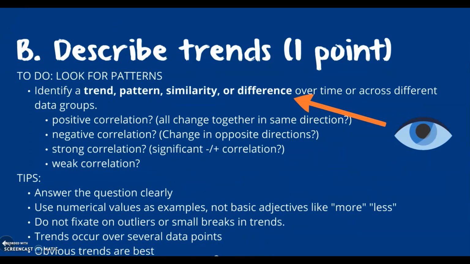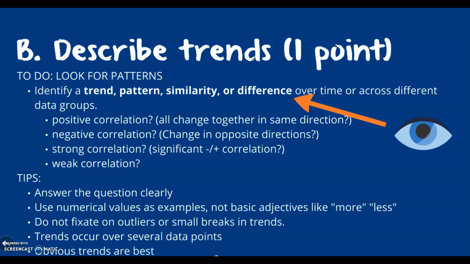All right, so then we get to the B point, describing trends, patterns, similarity, or difference. So these are not all the same thing. They're going to pick one or the other. So that's why you see the little eyeball there. It means slow down. You need to make sure that you know exactly what they're asking you to do, what kind of thinking skill.